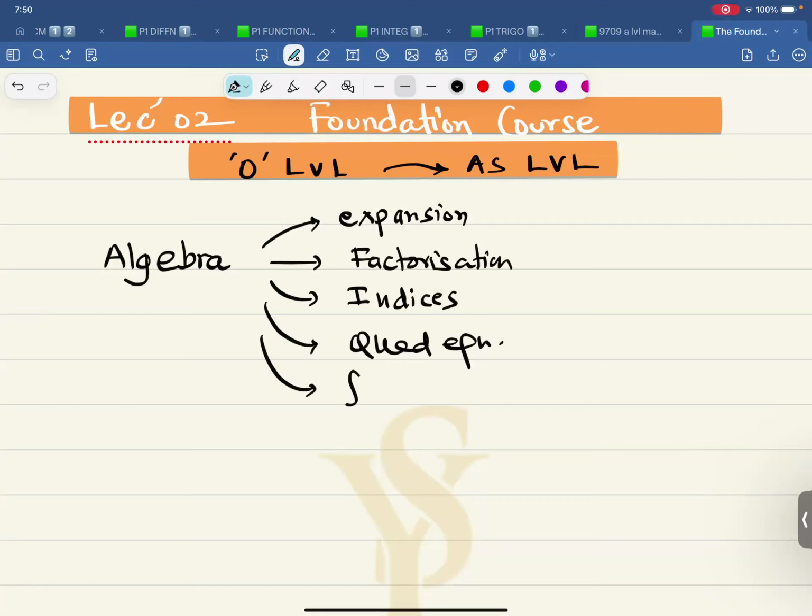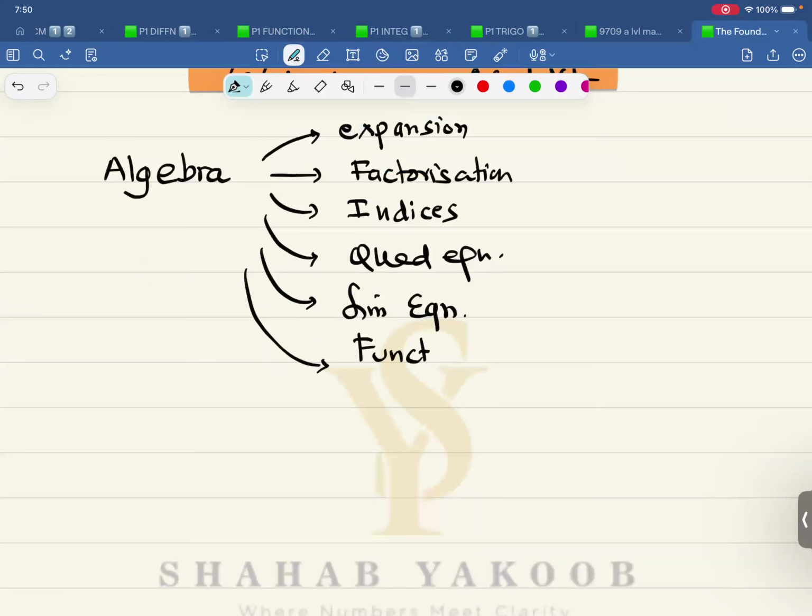And yes, one other thing that is about functions. So let's focus on each one of them comfortably.